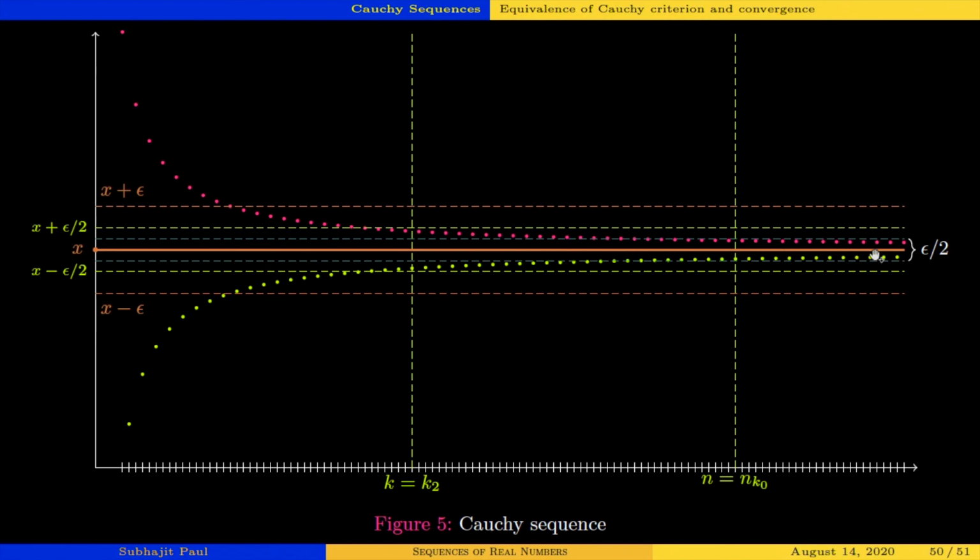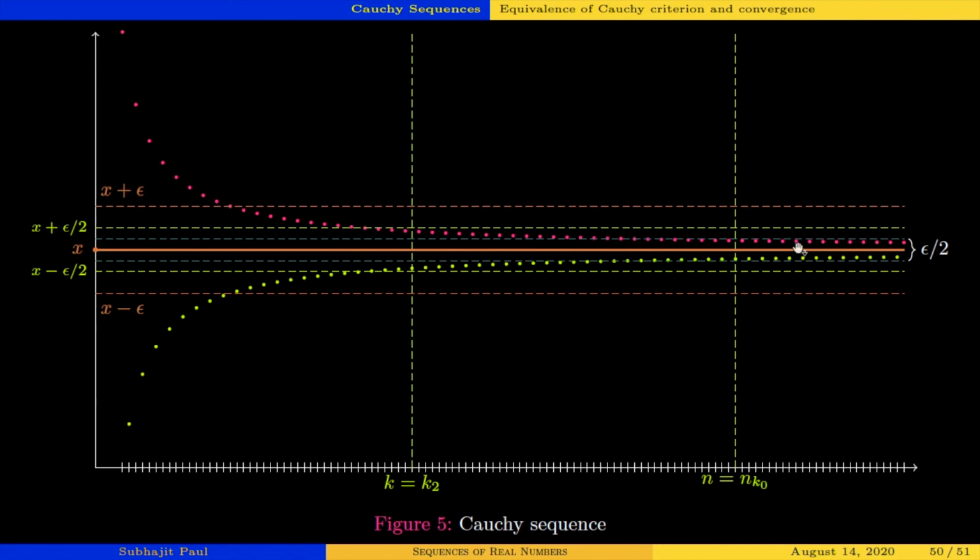They are epsilon by 2 close to each other. Then what happens if you choose something over here? If you choose any point over here, then this is your point. This point you want to measure the distance from this orange line x. This is your point, point x.